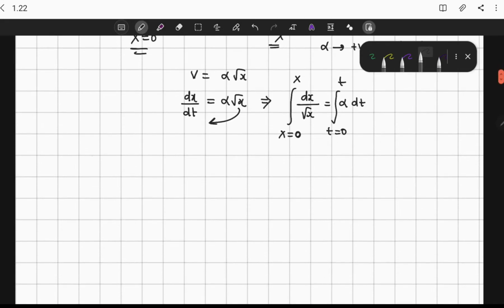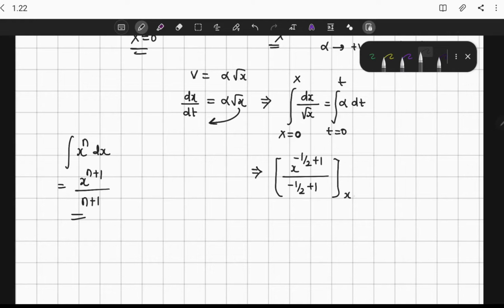Okay, now we know that the integration of x to the power n with respect to dx is equal to x to the power n plus 1 divided by n plus 1. Similarly, we can write here x to the power minus half plus 1 whole divided by minus half plus 1 from x is equal to 0 to x, is equal to alpha times t, and t is varying from 0 to t.